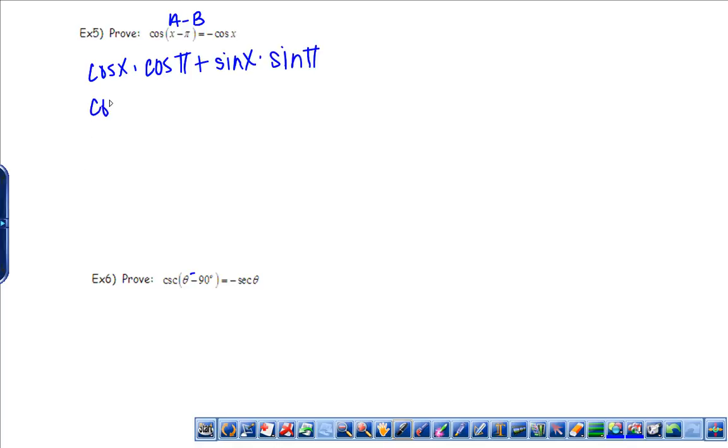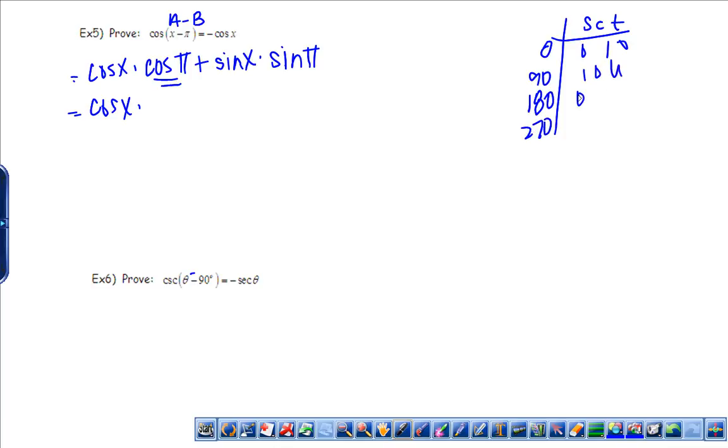Okay, I can do nothing with this cosine of x, but I can find the value of this by looking at the chart. So I'm going to pull that out to the side and find the value of that on my chart. So the value of cosine of pi, which is 180, is going to be a negative 1.